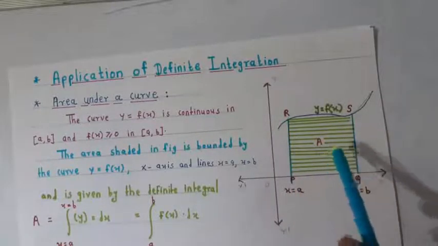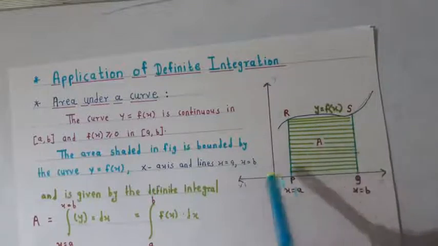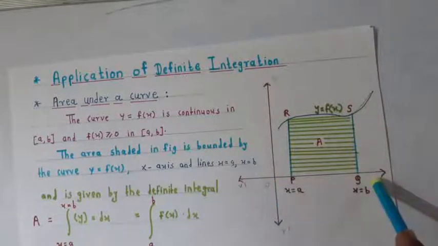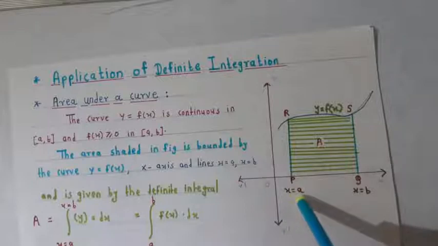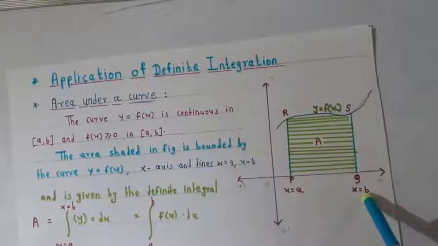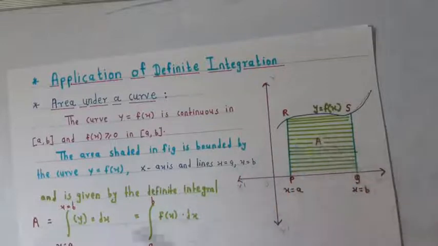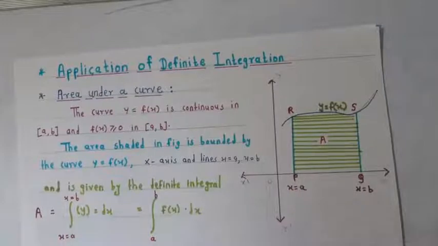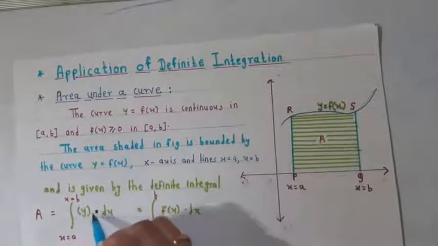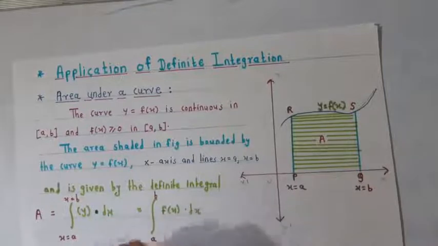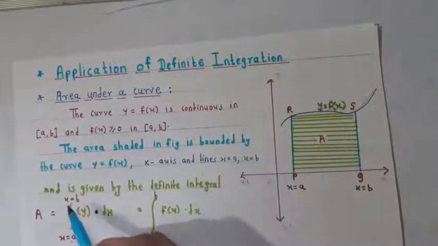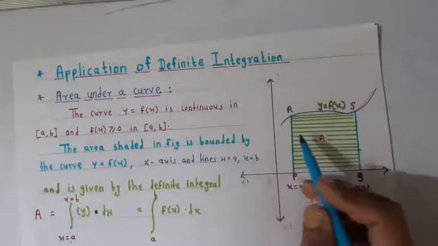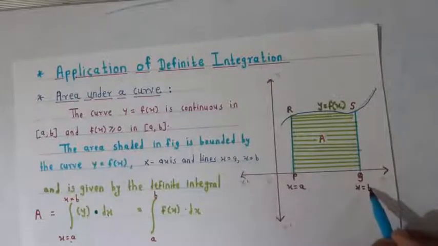Therefore the area shaded in this figure is bounded by the curve y equal to f of x, the x-axis, and the lines x equal to a, x equal to b. The area is given by the integration of y with respect to x, with limits of integration from x equal to a to x equal to b, because the curve is from the point x equal to a to the point x equal to b.